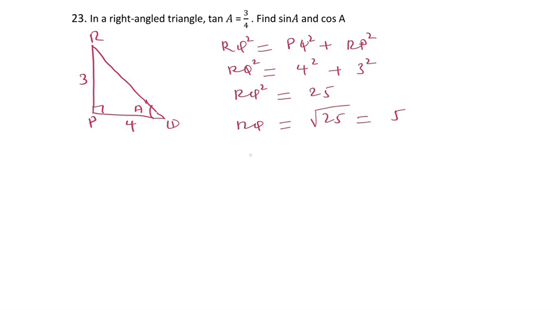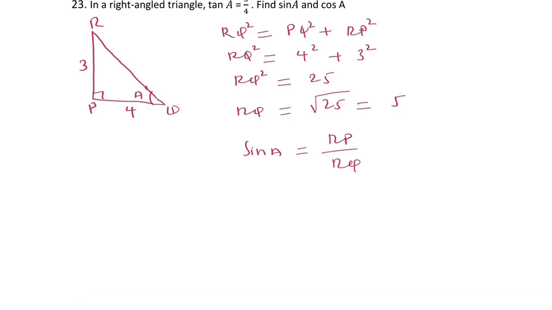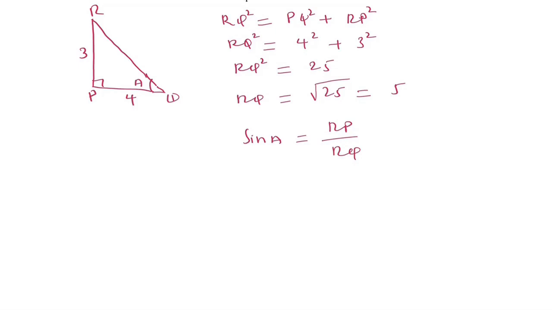We have to remember that sin A equals opposite side, in our case RP, over hypotenuse side, in our case RQ. Let us substitute these values. Then we are going to have sin A equals 3 over 5.